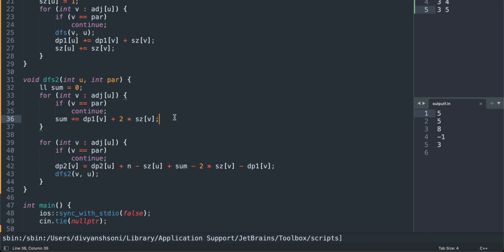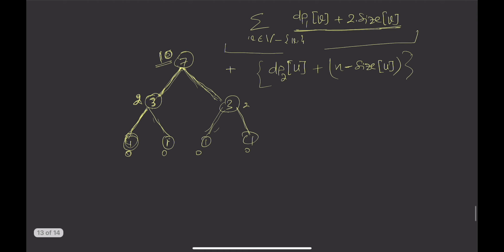Otherwise calculate the sum. dp1 of V plus 2 times size of V. Okay. dp2 of U plus n minus size of U is also fine, plus this will be constant for every node, plus the total sum minus, we need to remove this edge, because we need to subtract this value, or what? So I'm getting less answer, that means I'm subtracting more.